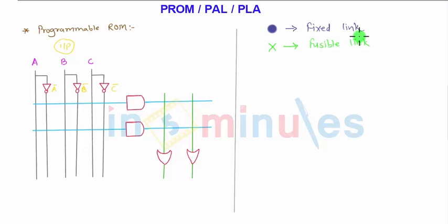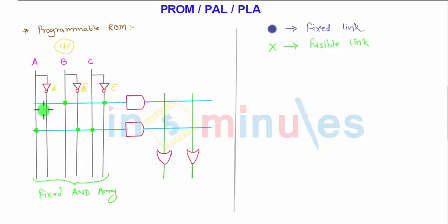So let us say there are a mixture of fixed links and fusible links here. So what I have here is some fixed links here. So what I can do, I can write it down here as this array is nothing but a fixed AND array. Why? Because all the links are fixed.